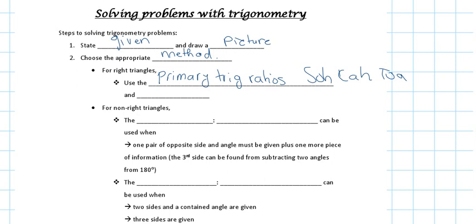Now, we can also use the Pythagorean theorem, which I don't think I have covered here, but we covered it earlier in the semester when we did the review. Do not forget that this is also something you can use when you have two sides and you're looking for the third side in a right angle triangle. Do you guys remember the Pythagorean theorem?